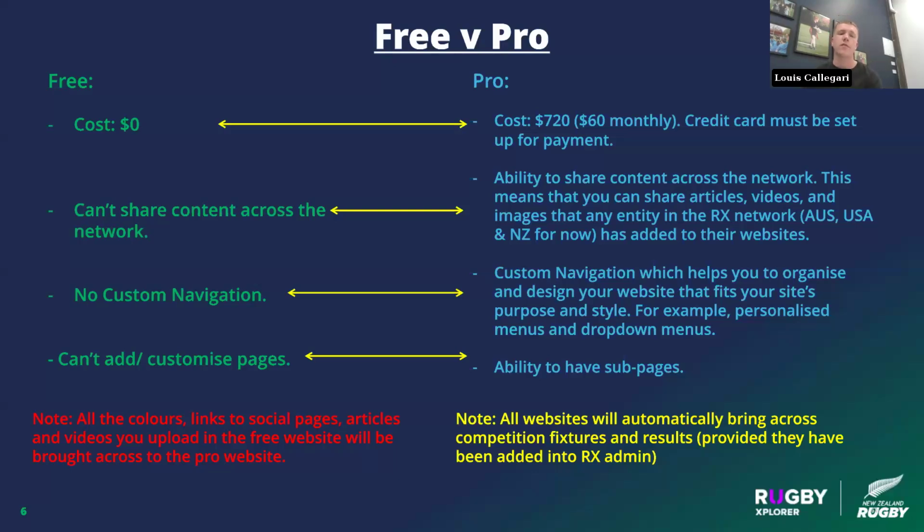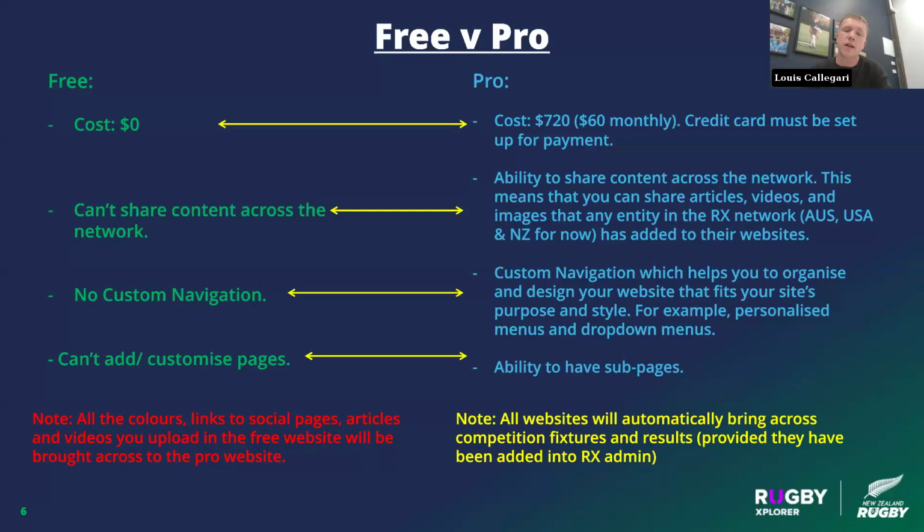So comparing to the Pro version, obviously the free version is zero cost, with the Pro version being $720 a year, which is $60 a month. You need to connect a credit card to set up the Pro version, which is like an entity payment.